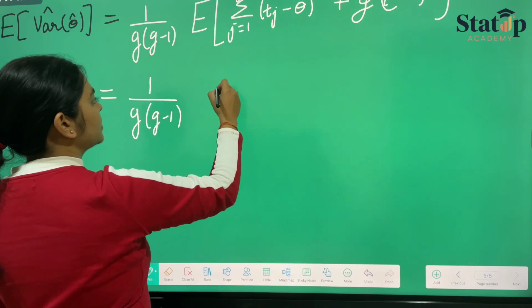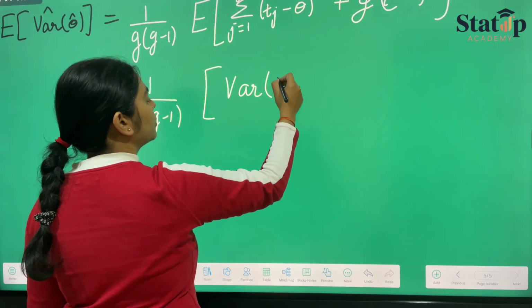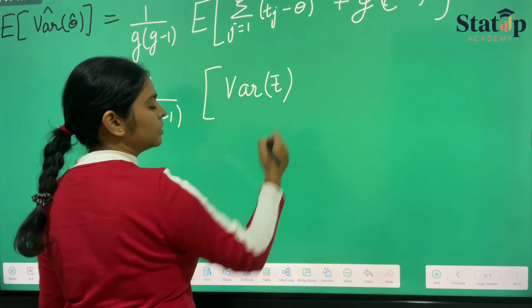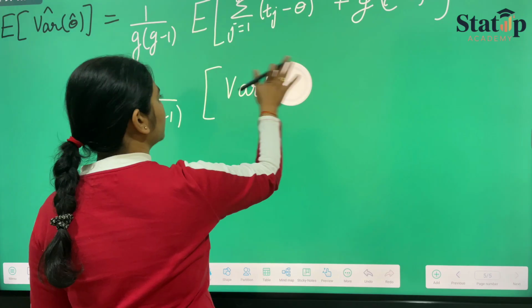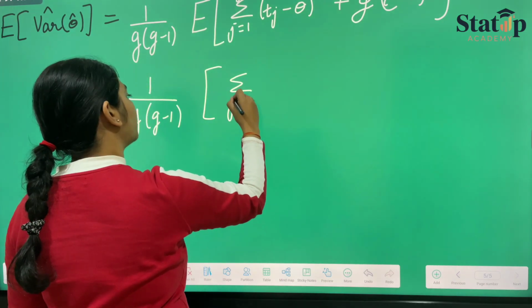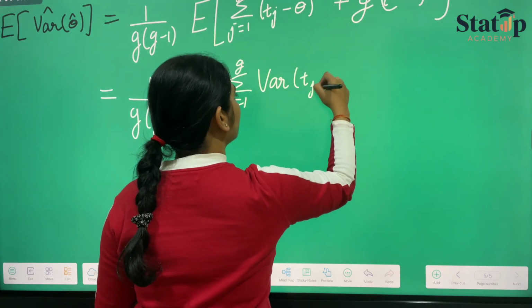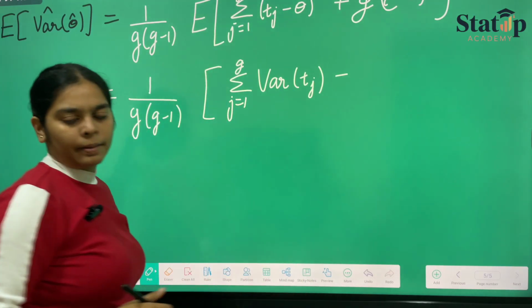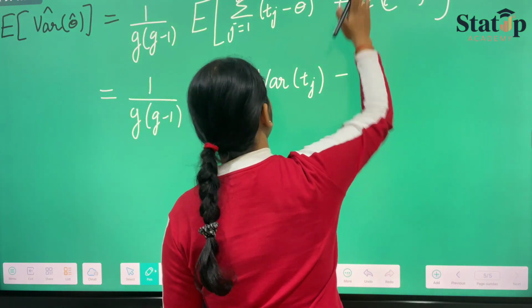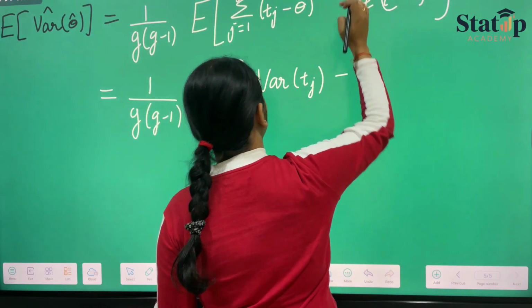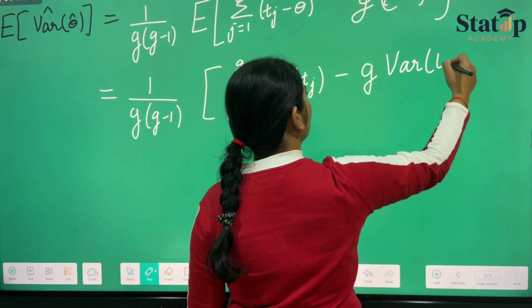If we take it into the expectation, we will be getting summation j goes from 1 to g, variance of tj, minus g into variance of t bar.